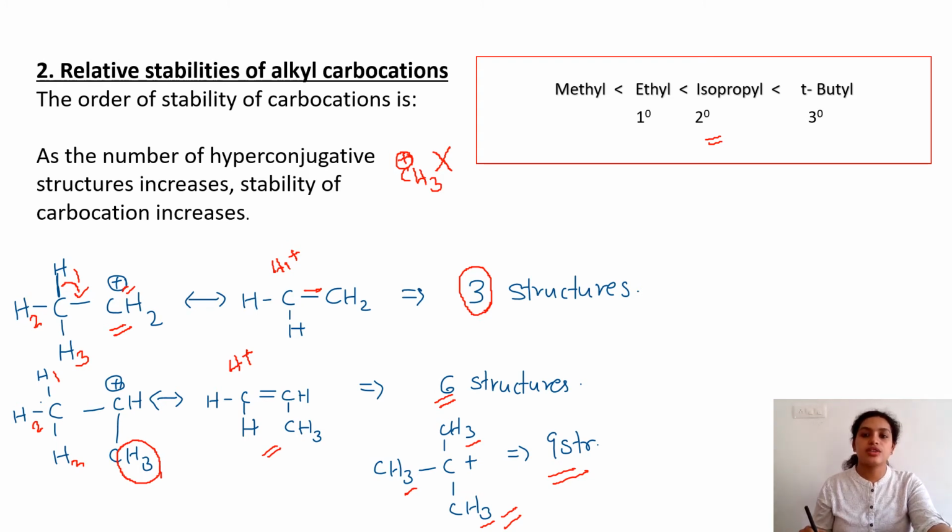Next is isopropyl with 6 hyperconjugative structures, followed by ethyl carbocation with only 3 hyperconjugative structures, and the last one is the methyl carbocation because it doesn't have any hyperconjugative structures to exhibit. So this is the order of stability of alkyl carbocations.